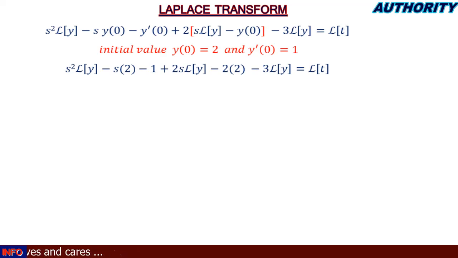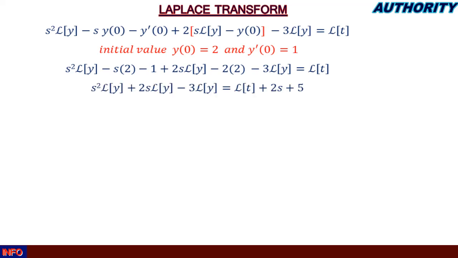Now, let's bring together all the terms that have the Laplace transform of y, and take the other things to the other side. When we bring them together, we have s² times the Laplace transform of y, plus 2s times the Laplace transform of y, minus 3 times the Laplace transform of y, is equal to the Laplace transform of t on the other side.